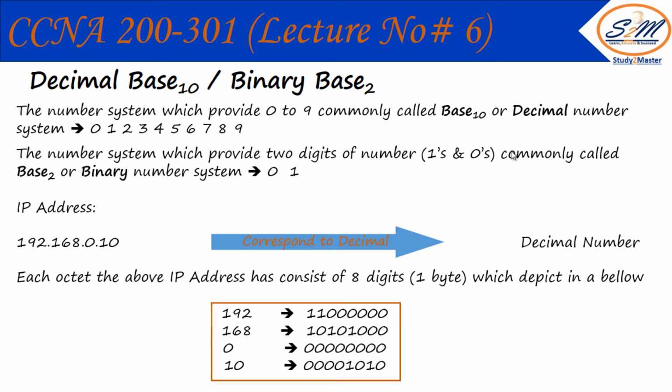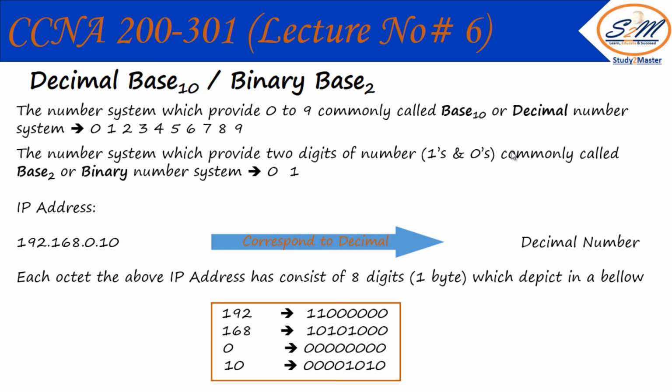So if we have an IP address 192.168.0.10 in decimal, each octet of the IP address consists of 8 digits, or 1 byte, as depicted below. 192 is equal to 11000000. 168 is equal to the corresponding binary 10101000. 0 is completely zeros, corresponding to eight zeros.